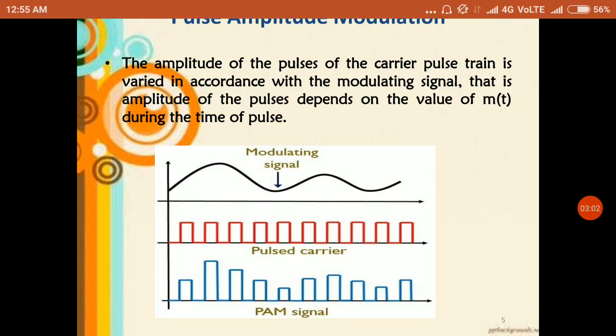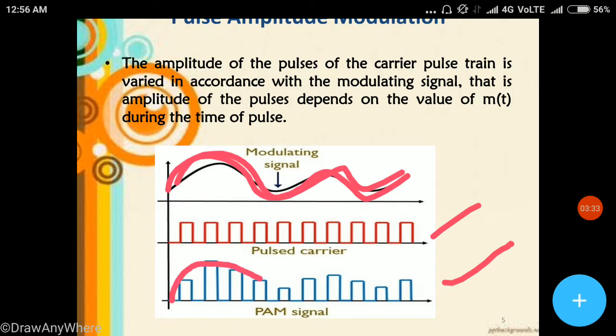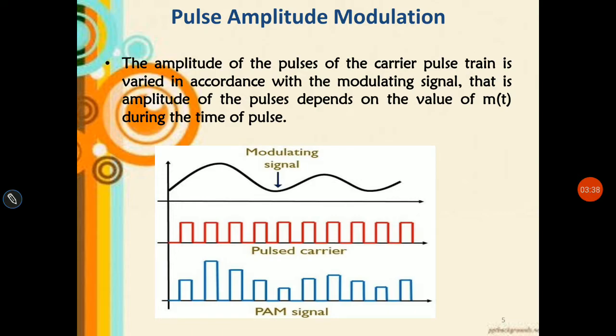You see from the diagram, this is a sine continuous modulating signal, and this is a square wave pulse train, some portion on and some portion off, and this is the PAM signal. According to the instantaneous value of the modulating signal, the pulses are varied in amplitude. So PAM is like this.